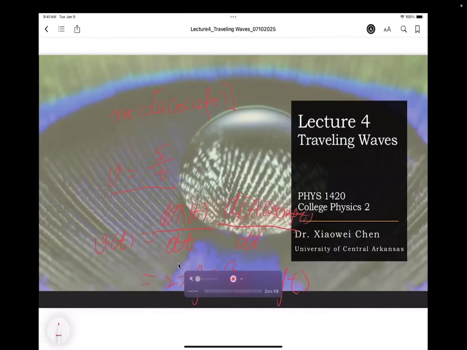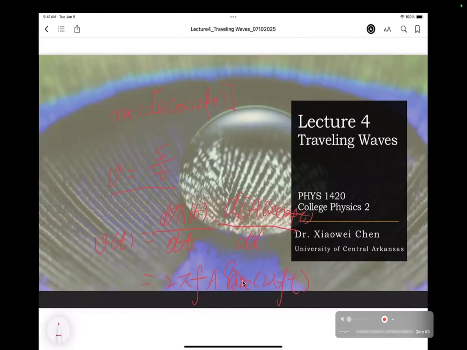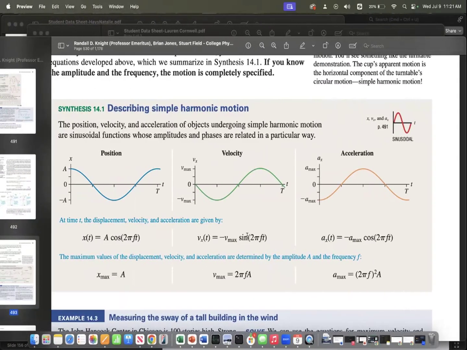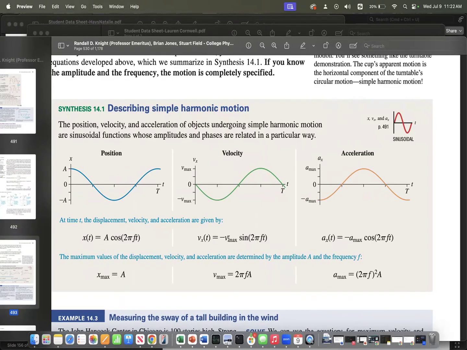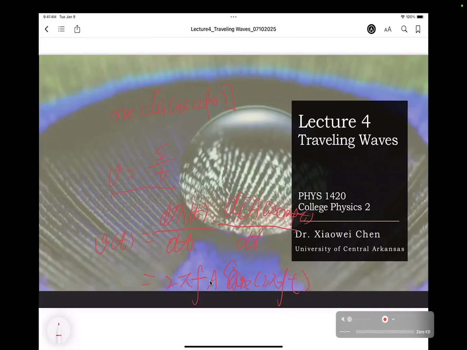So you can see v(t) equals 2 pi f A sin(2 pi f t), with a negative sign from the differentiation. Which means here is the maximum velocity. Maximum velocity is just this part. Does it make sense to you?